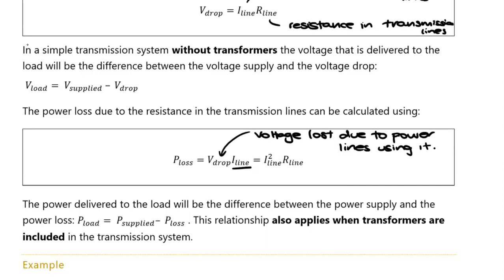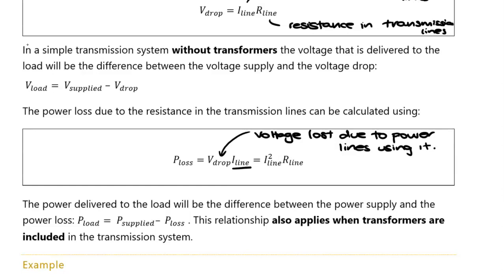That's possibly a clumsy way of writing it, but we're talking about the power lines themselves. Due to them having a resistance and a current means there's a voltage going to be dropped across them, like any resistor that has a resistance and a current. We could also calculate that using I squared line R line.